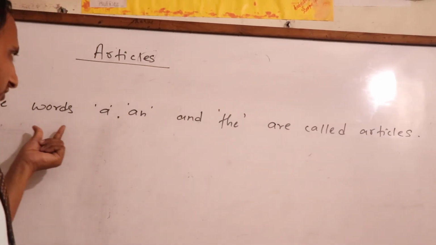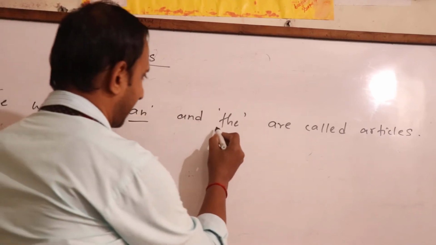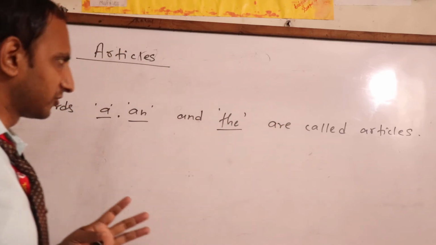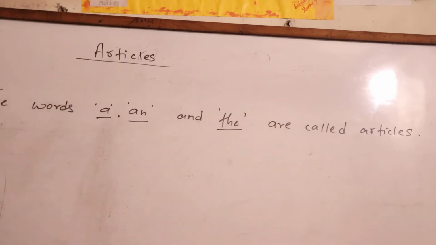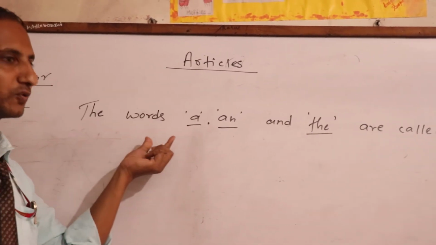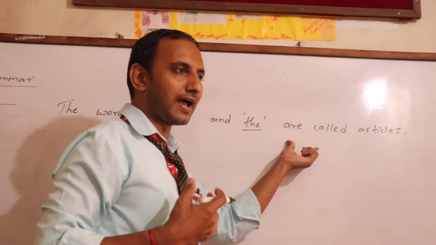Yes, the words a, an and the, these three are called articles. So if you have to define articles, we can define them in this way. The words a, an and the are called articles.